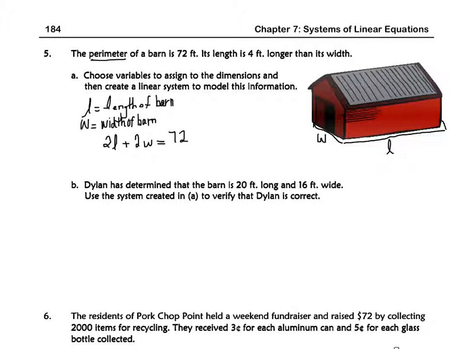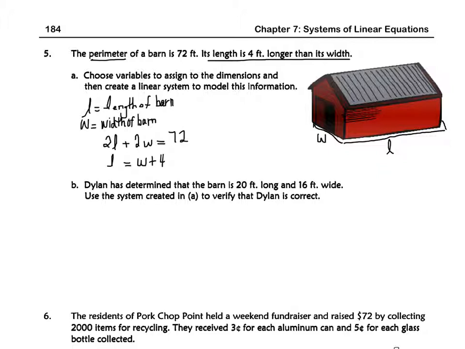The other piece of information comes from the statement that the length is 4 feet longer than the width. So the length equals the width plus 4. Those would be your two equations that could model this information. And when you have two unknowns, you need two equations to be able to determine those two unknowns.